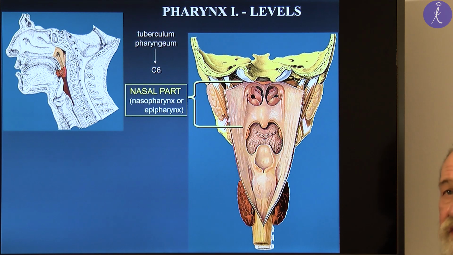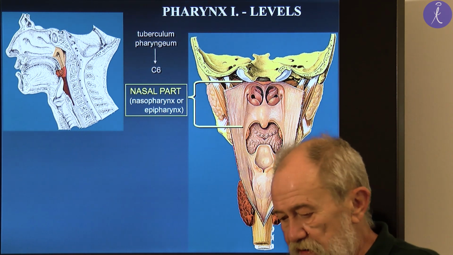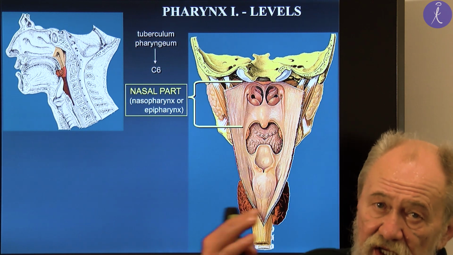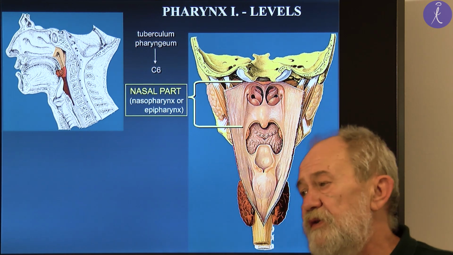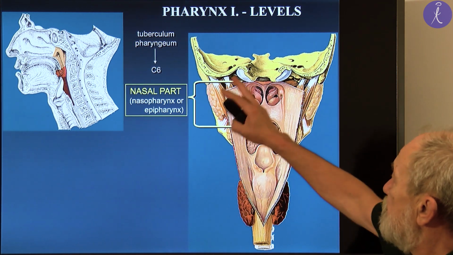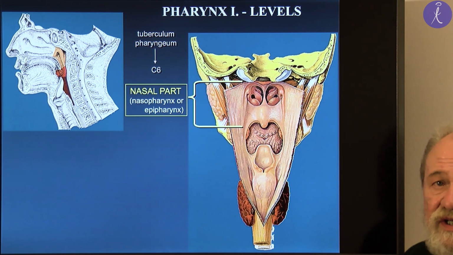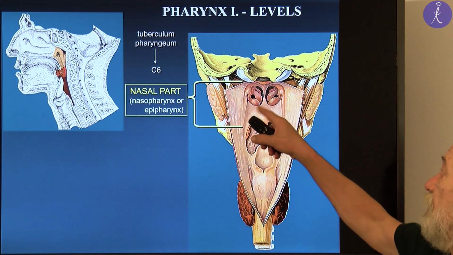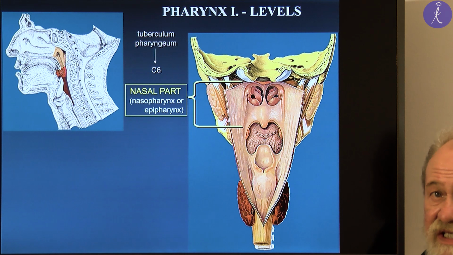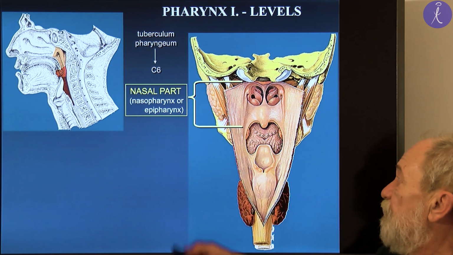And according to the different cavities with which the pharynx communicates, we should differentiate three levels of the pharynx. The highest level receives the openings of the nasal cavity, these are the choanae, and according to that, this is called the nasal part of the pharynx, nasopharynx, or epipharynx.